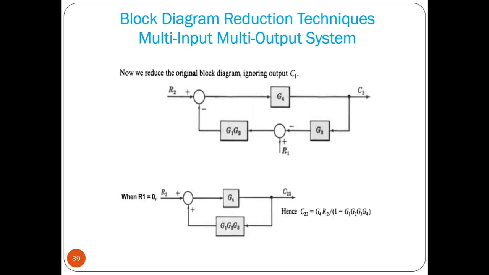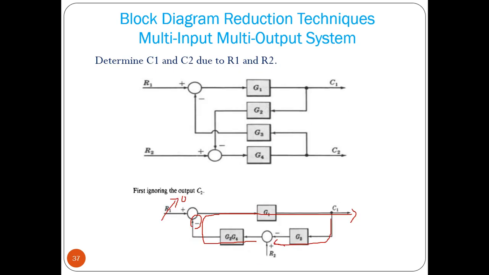Okay, now what we can do? Now we can reduce the original block diagram, ignoring output C1. Okay, now if we ignore this output C1, what will happen? From R1, G1, then G2 comes to this.